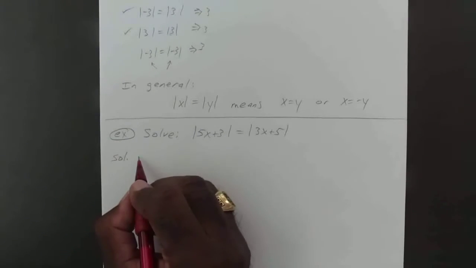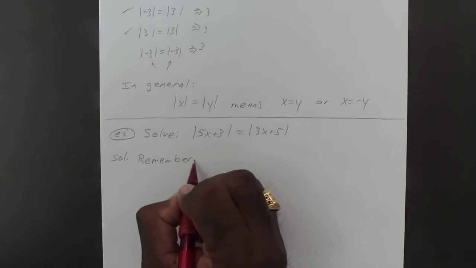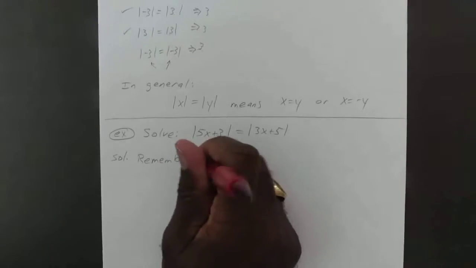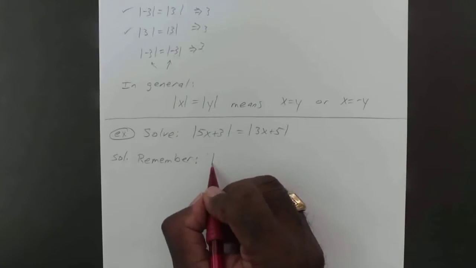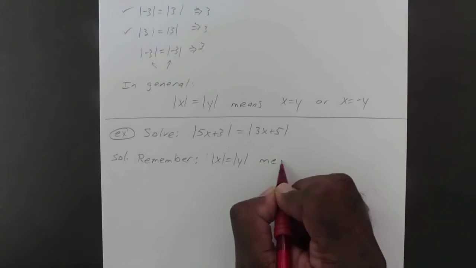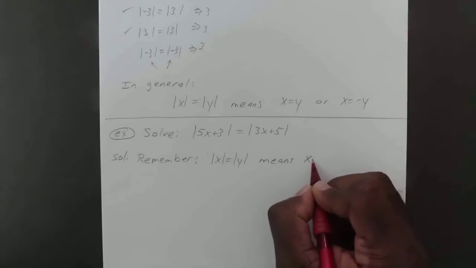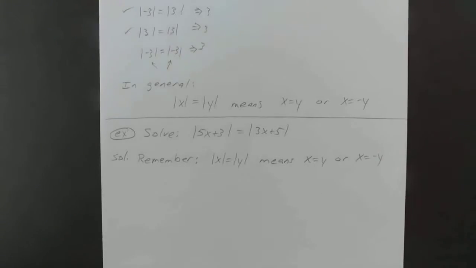So remember, the absolute value of x equals the absolute value of y means that x can equal y or x can equal -y.